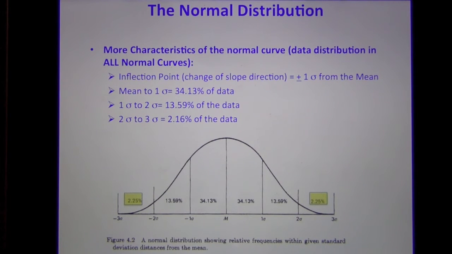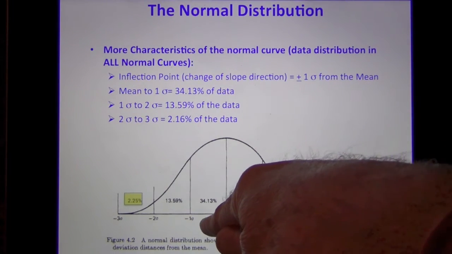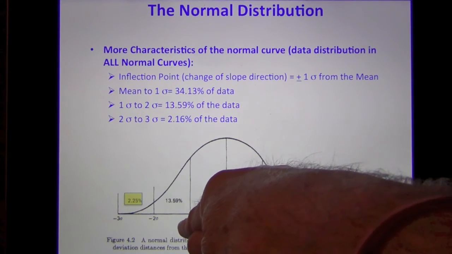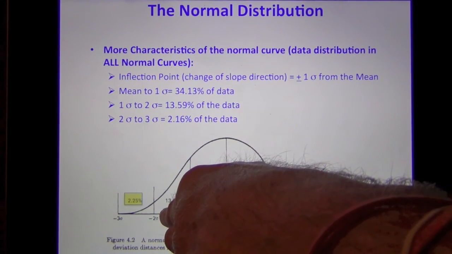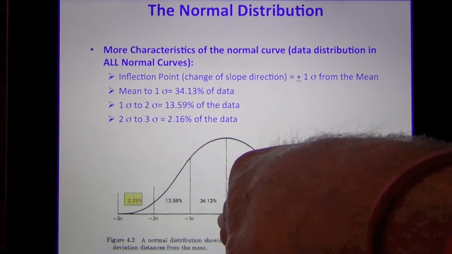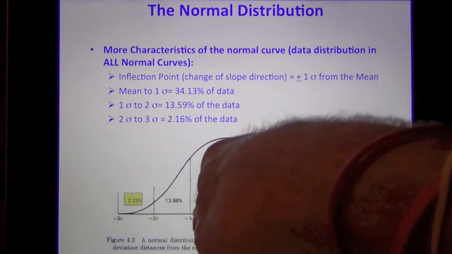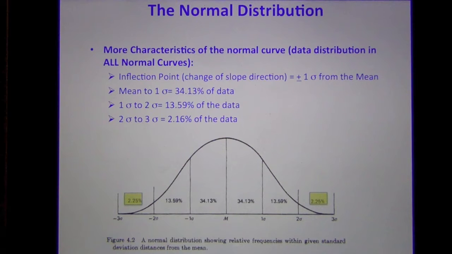For the normal curve, it's also the case if you move two standard deviations below the mean, you get the 34.13, and you get another 13.59% of the data. And so you get, what does that add up to? 47.72% of the values. I think that's right.